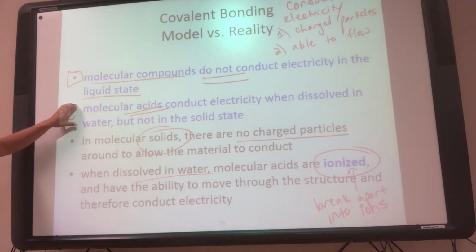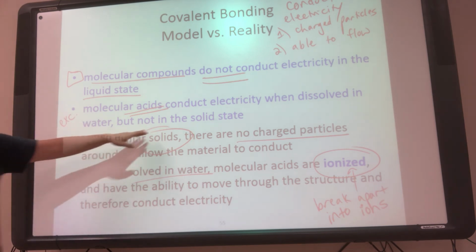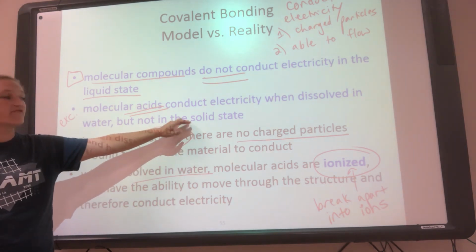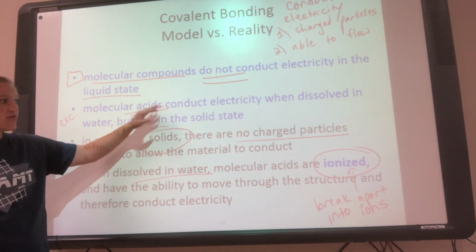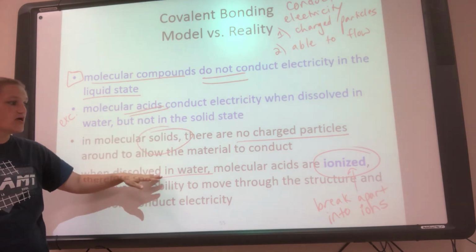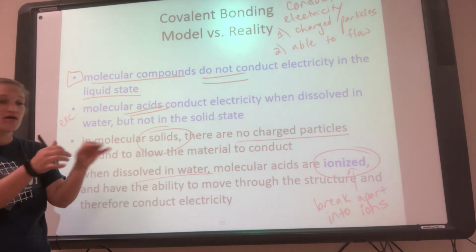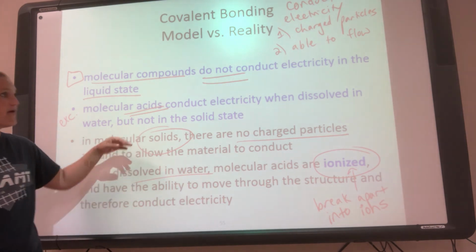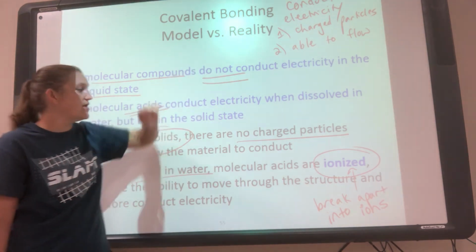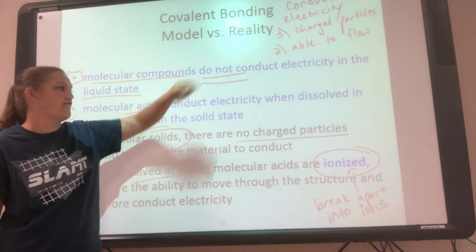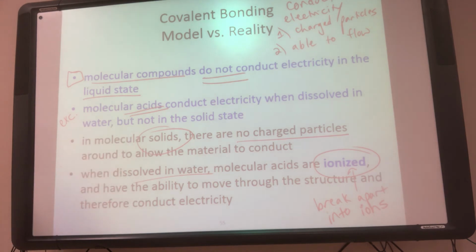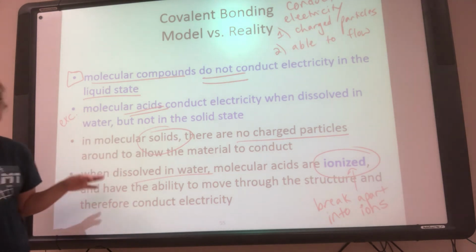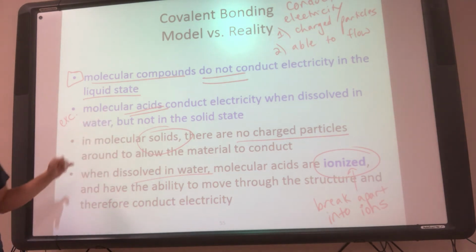So molecular acids do conduct electricity when they're dissolved in water, but not if they're in the solid state, because you still have to be able to flow. So when I dump acids into water, they're going to ionize. Because they can break apart when they're dissolved, they'll have the charges then, and because they're in water, they'll be able to flow. So the only thing that can conduct electricity out of anything that does covalent bonding is a molecular acid.